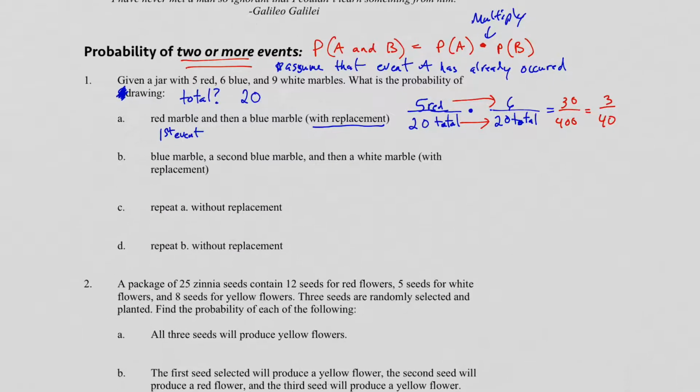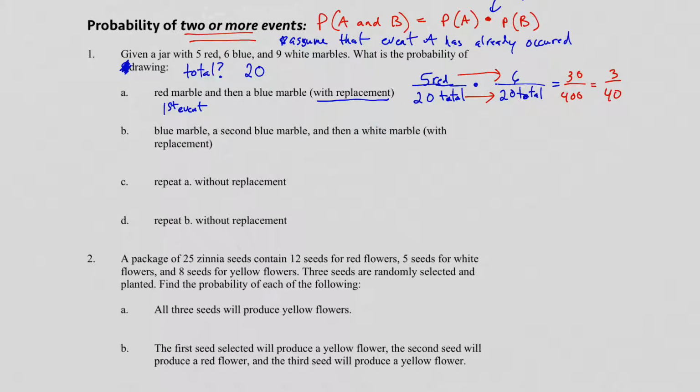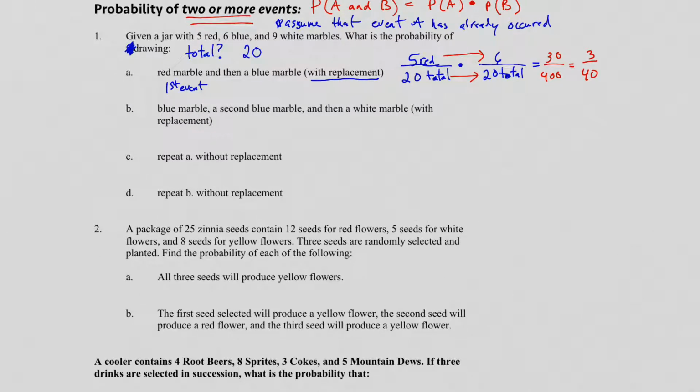So let's do B. I'm just going to do number 1, the whole thing with you guys, and then we can do number 2 with your partners as a turn-in.